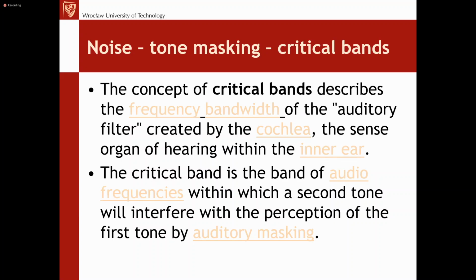So the concept of critical bands describes the frequency bandwidth of the auditory filter created by the cochlea, especially the basilar membrane. And this is, of course, the organ placed within the inner ear. And so the critical band is the band of audio frequencies within which a second tone will interfere with the perception of the first tone by auditory masking.